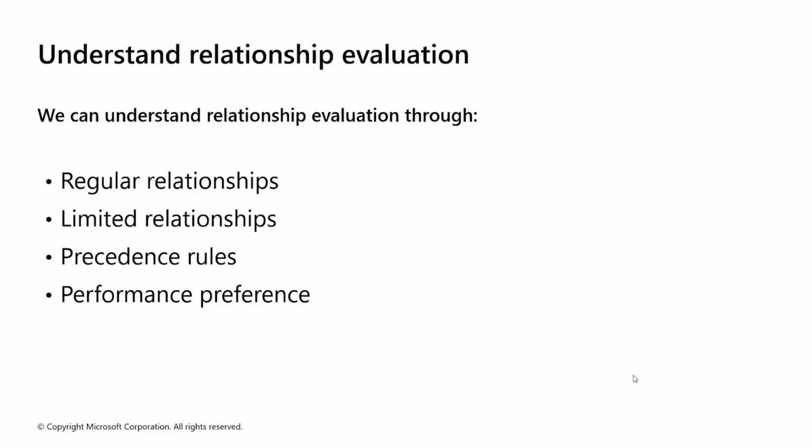The list that presents the precedence rules that Power BI uses for ambiguity detection and path resolution is: many-to-one and one-to-one relationships, including limited relationships, or many-to-many relationships, or bidirectional relationships in the reverse direction.